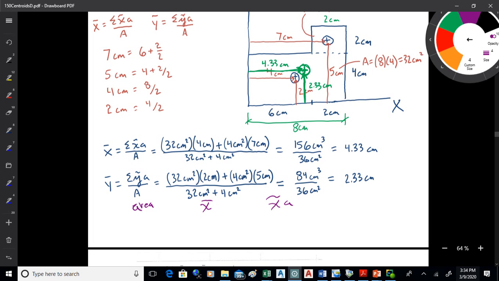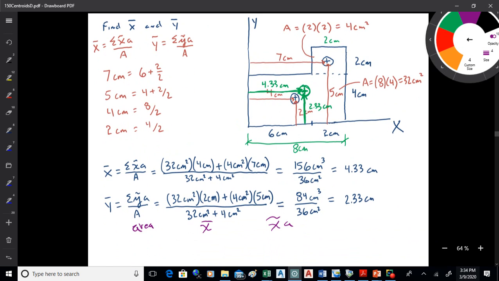I would have part number 1 and part number 2, with the areas 32 and 4, in centimeters squared.